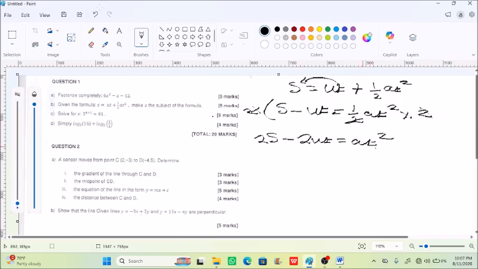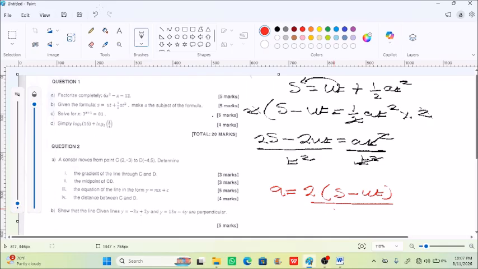We are only interested in having A on this side. So we divide throughout by t squared, and also this side by t squared. We cancel t squared, and t squared disappears, we remain with A. So now our final answer is A equals 2 open parenthesis s minus ut close, over t squared.